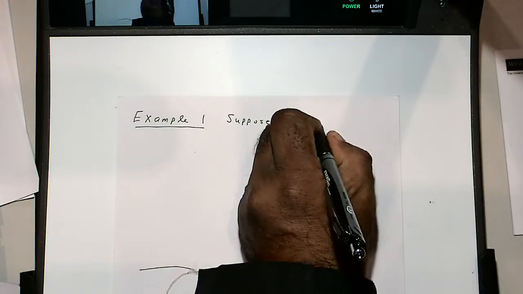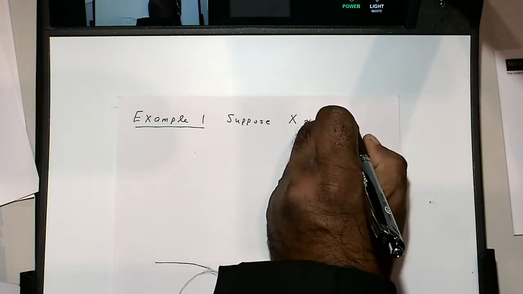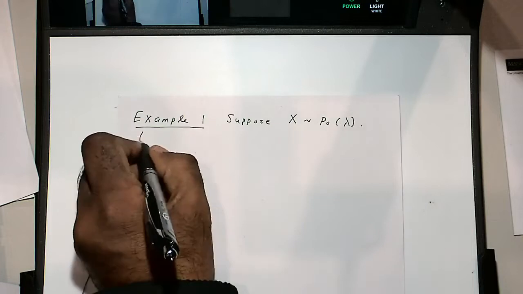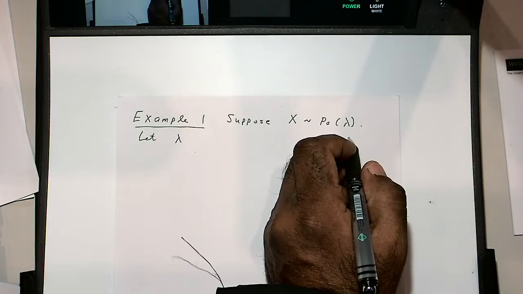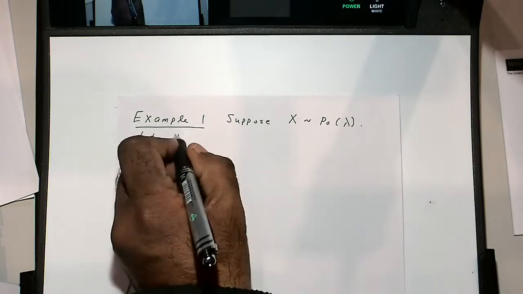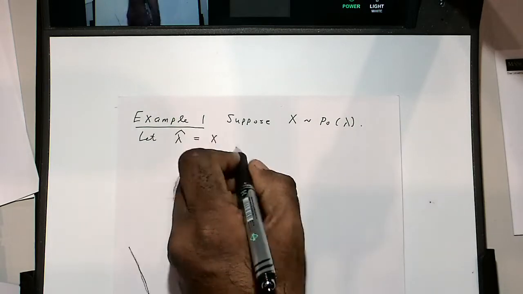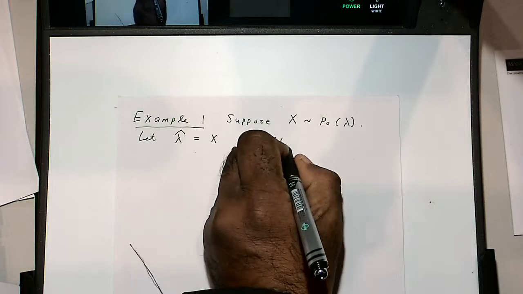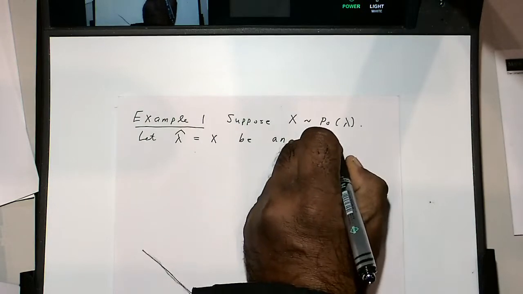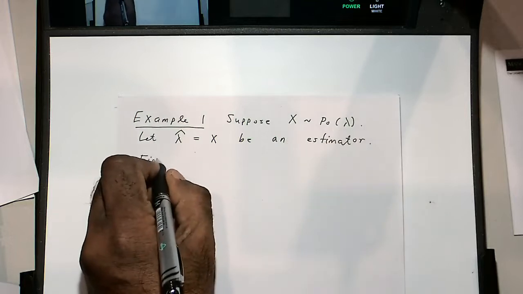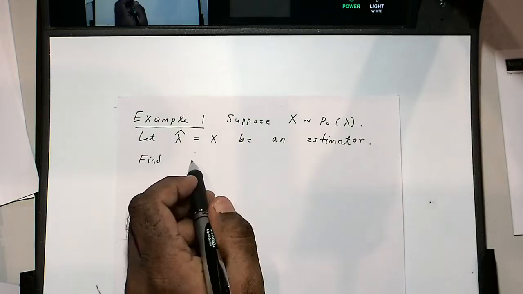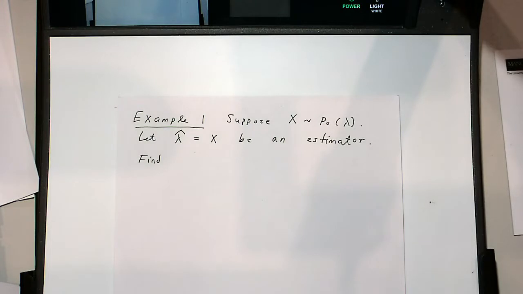Suppose x is a variable that has a Poisson distribution with parameter lambda. Remember, lambda is a population parameter. So in order to estimate it, let lambda hat be an estimator. When I put a hat on top of a parameter, what that means is that you are estimating that parameter, right?